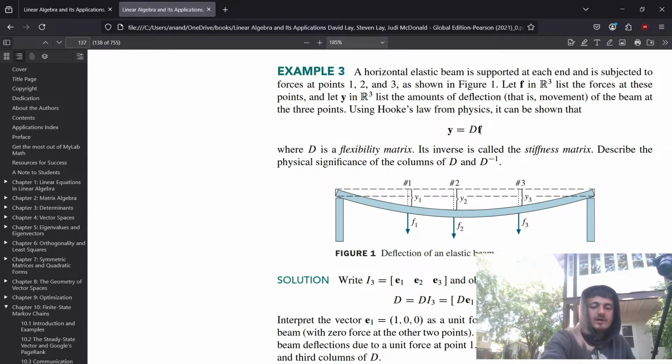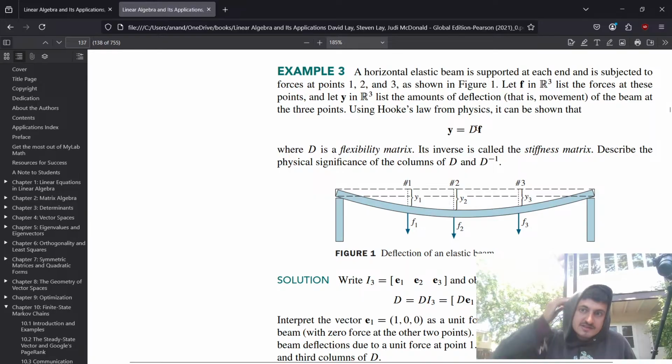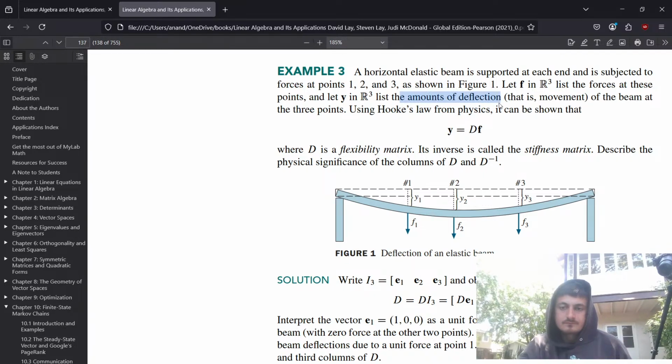Okay. Wait, how's my volume? Okay. So given a vector of forces at the points, we can compute how far the beam is deforming. Okay. So if it's an equally distributed load, okay, all right, that makes sense.